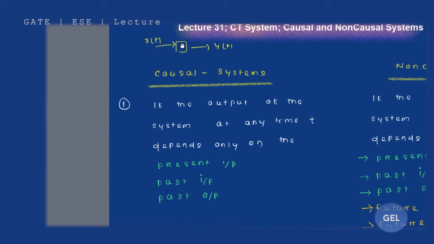This system will be said to be a causal system if the output of the system at any time t depends only on the present input, past input, or past output.